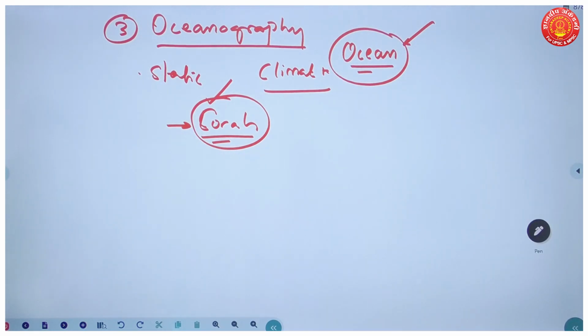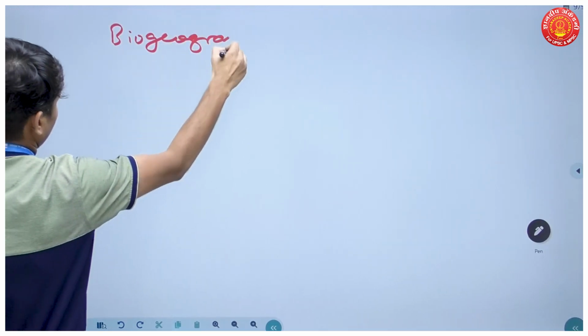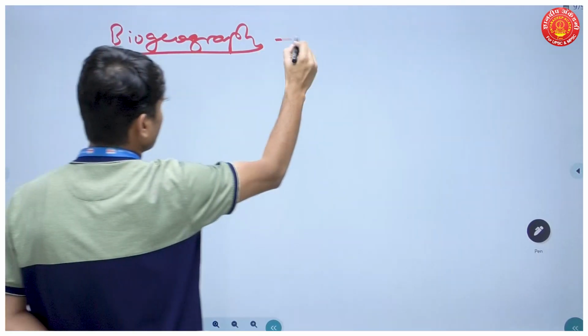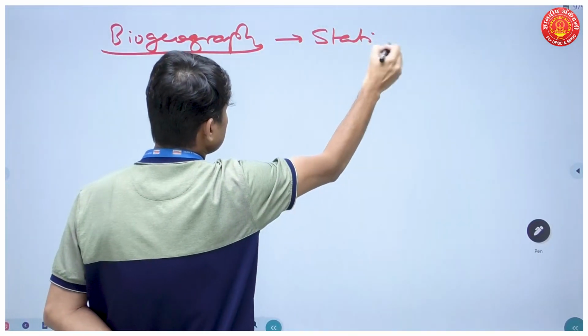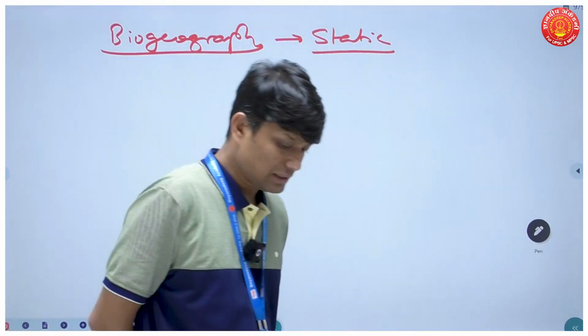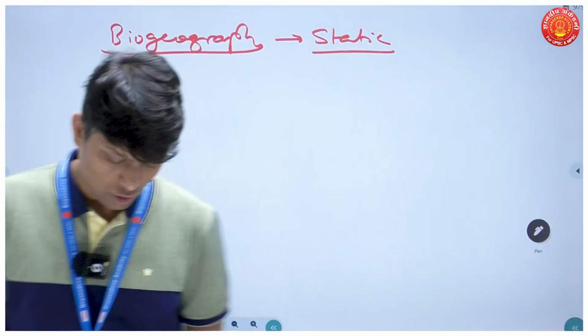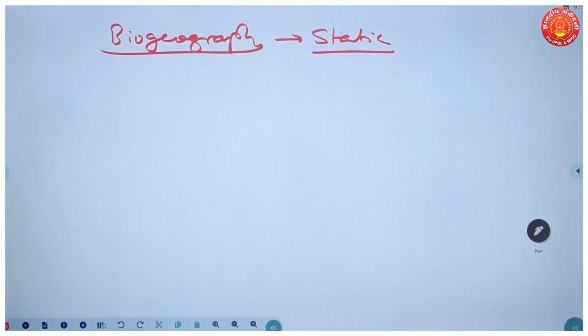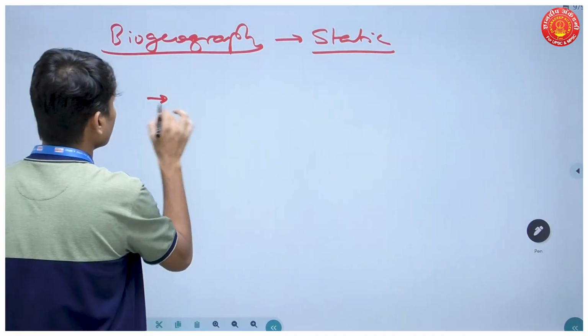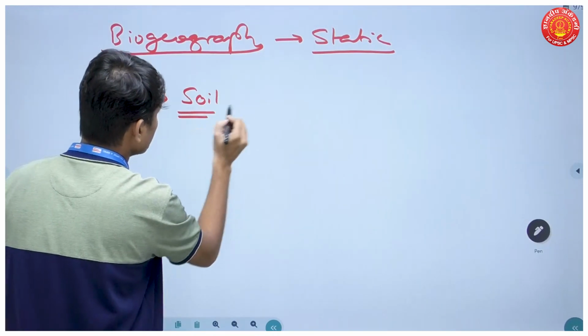Let's move on to the next part, that is biogeography. Now when it comes to biogeography, again this is fairly static, right? Address all the issues in static, and you will be in a position to answer this part. So I do not think much preparation is needed in this area, but still, if you want to add a contemporary approach to some of the issues, add content to the issue of soil.